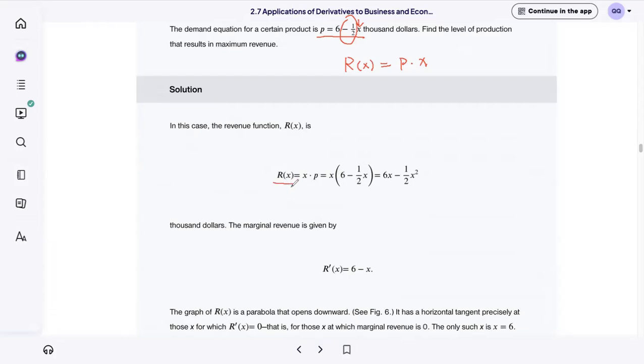So we form the revenue function, which is X multiplied by price. Well, the price is 6 minus half X. So we have this downward parabola again. We want to find this point, maximizing the function value. So then we take the derivative, the marginal revenue. We take the derivative of this, and we get 6 minus half times 2, which is 1 minus X.